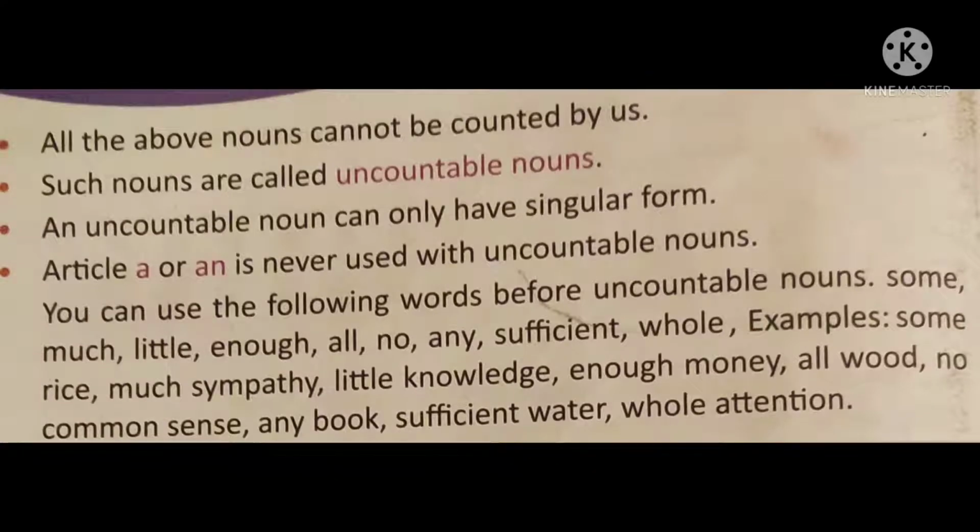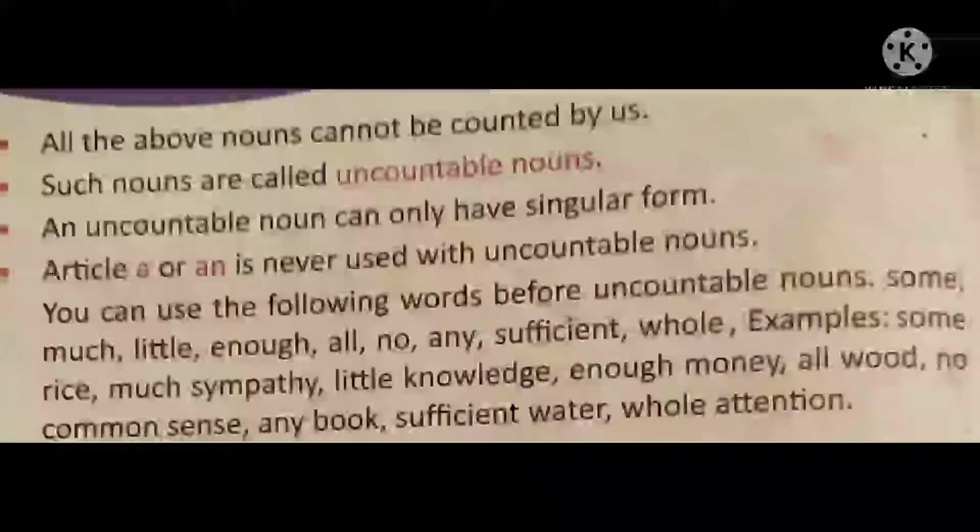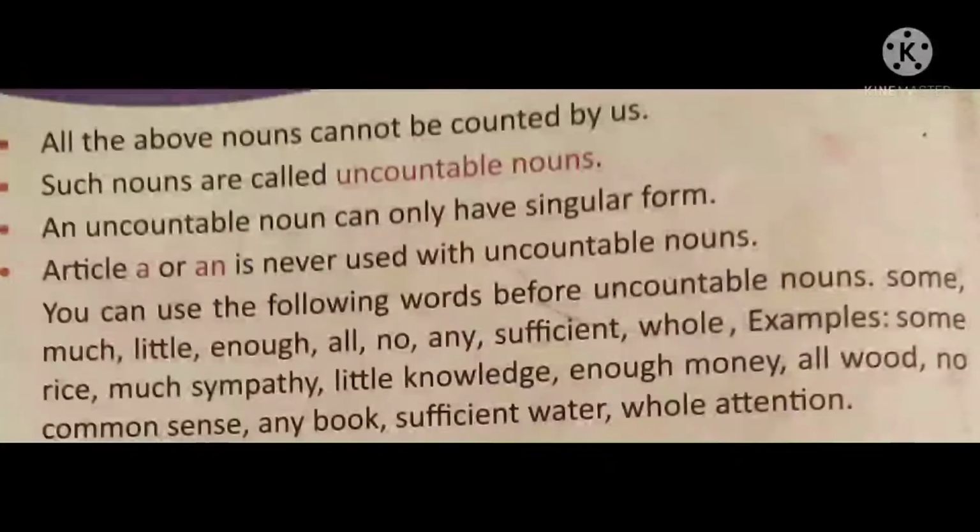Such nouns are called uncountable nouns. An uncountable noun can only have singular form. In uncountable nouns, we cannot count the noun in numbers. Article a or an is never used with uncountable nouns.